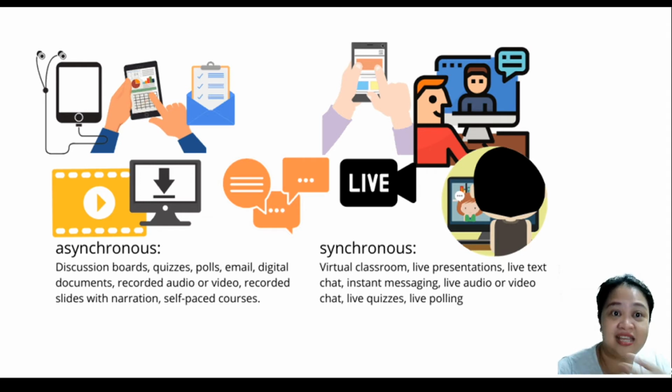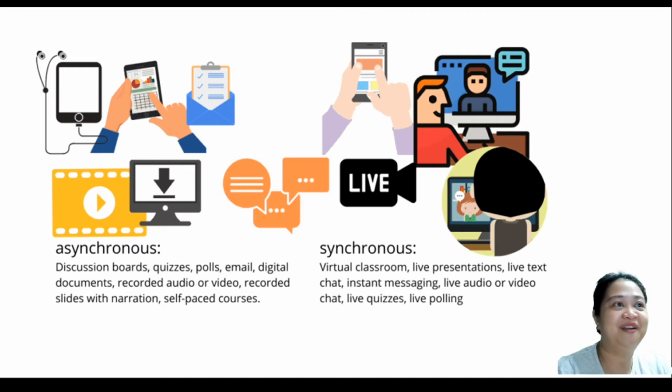While we can teach online, and most of us would probably teach synchronous, the only hindrance is the connectivity of the students and the teachers as well. Because you get to meet your students live, but if the connection is unstable, it would be really hard to implement. So, if you ask me right now, what would be my choice?